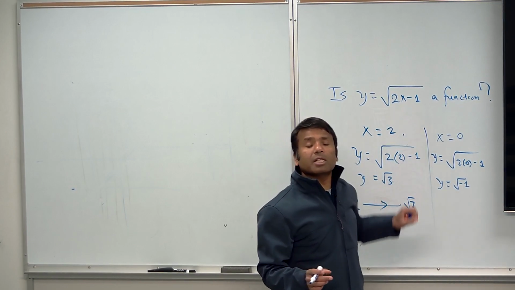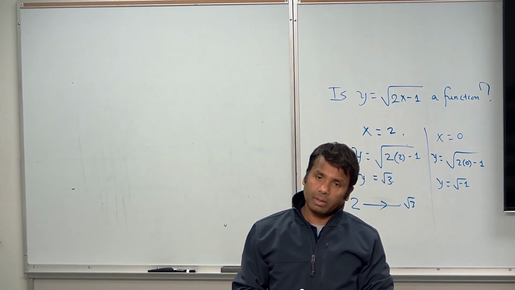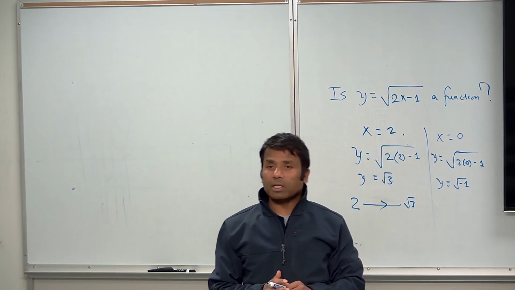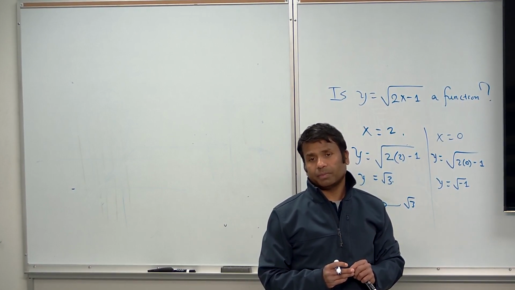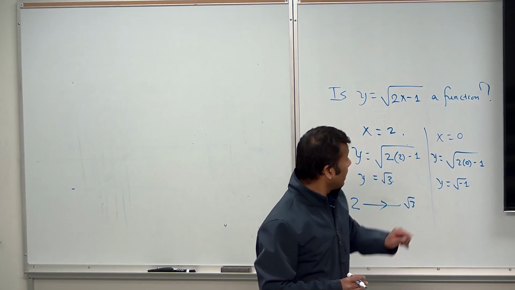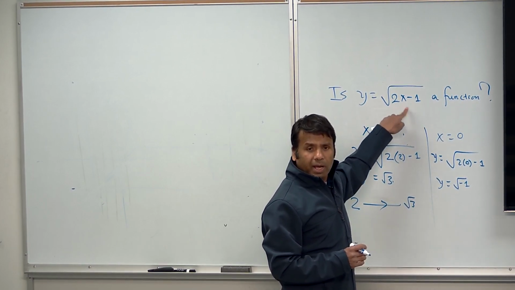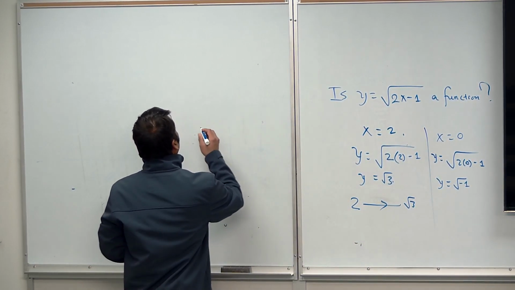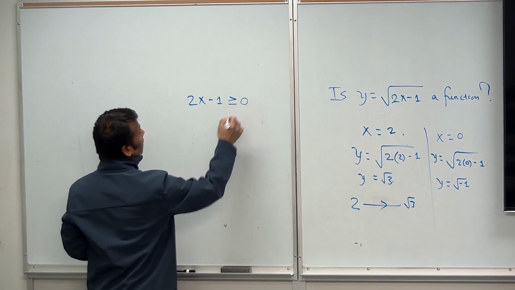So this must be either 0 or positive. So 2x minus 1 must be 0 or positive. Does that make sense? If 2x minus 1 is negative, then the square root of a negative is not a real number. So 2x minus 1 is greater than or equal to 0.